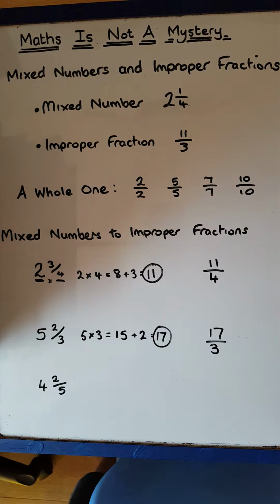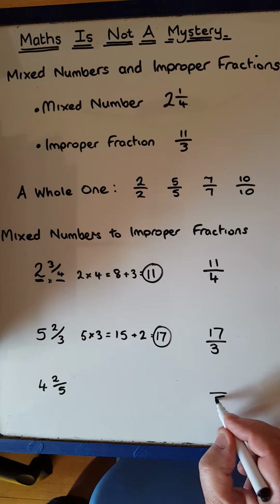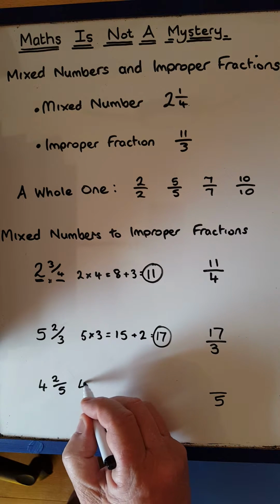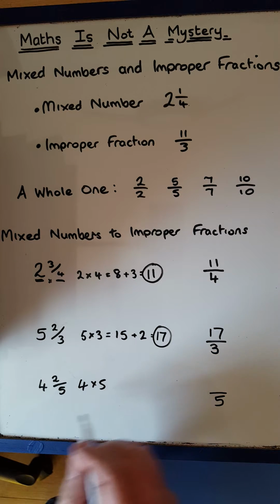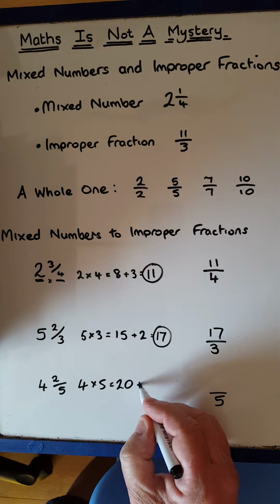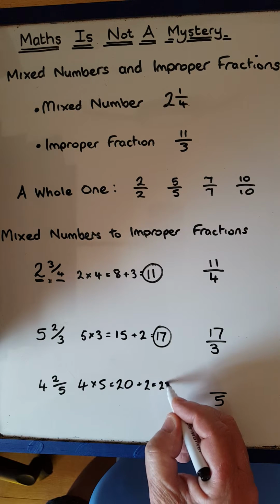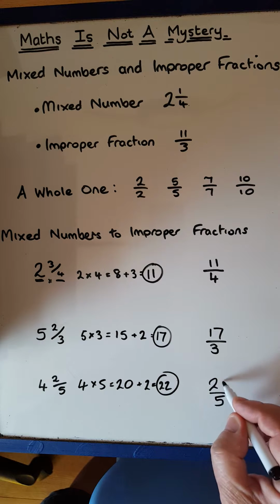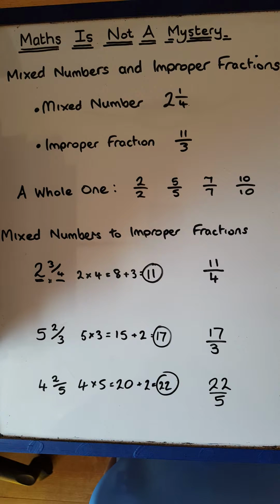So the answer is 17/3. One more, 4 2/5. Your answer is going to be in fifths. 4 times 5 is the first thing you need to do. 4 5s are 20. And now there's a 2 on top. Add that 2 on. 20 plus 2 is 22. So your answer is going to be 22/5.